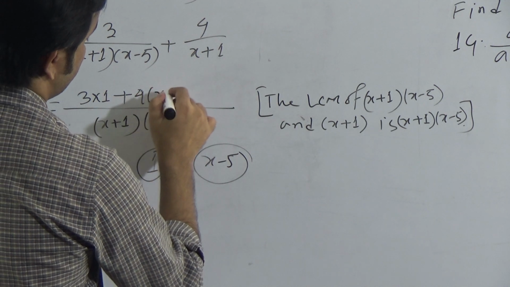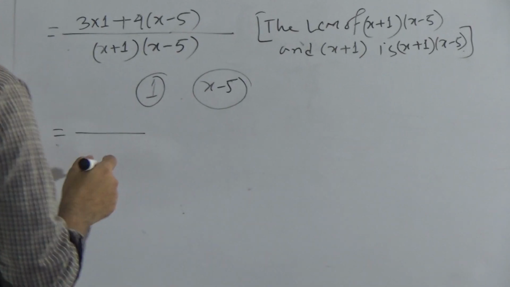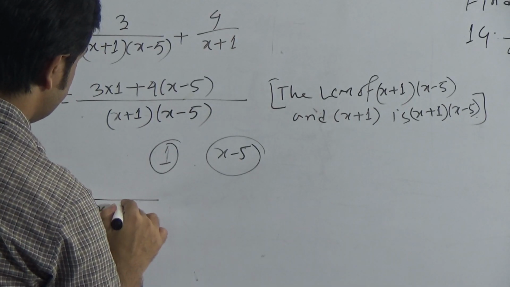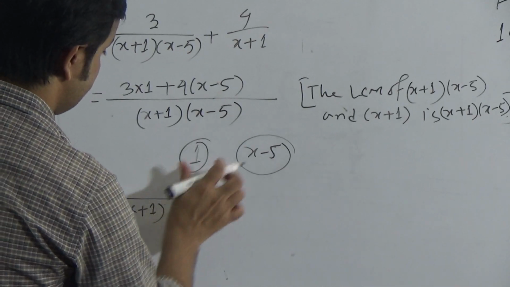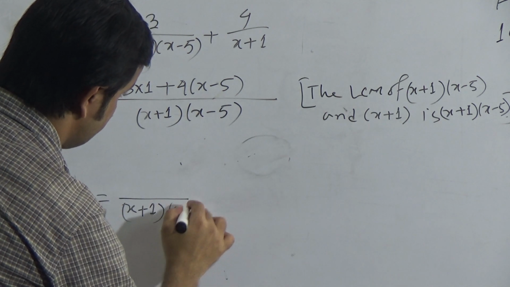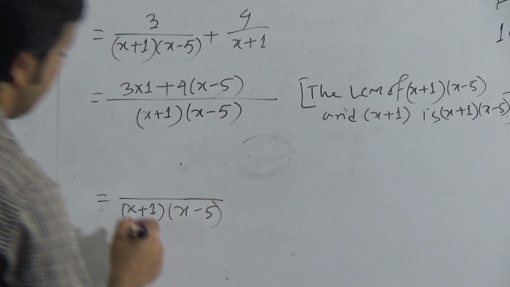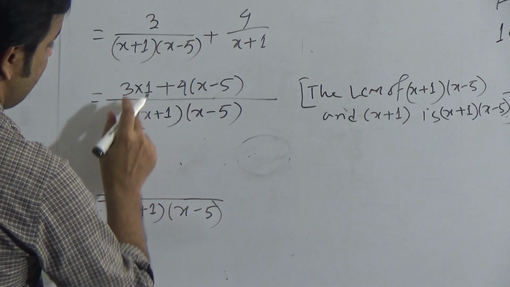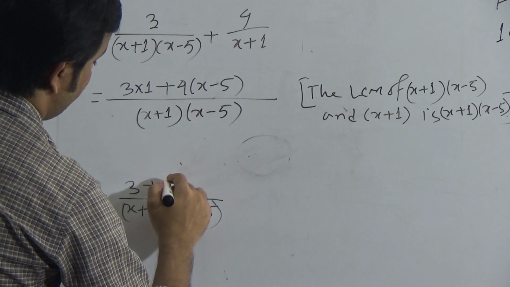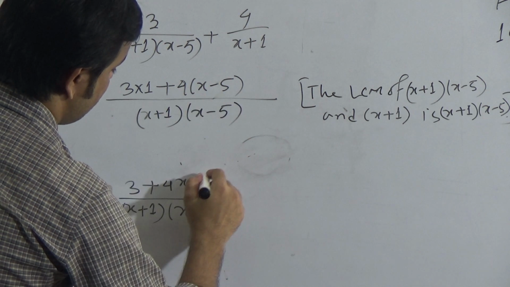x minus 5. If we multiply, what will we get? We'll get here 4x. At first write the denominator. Denominator will be x plus 1 into x minus 5, and here will be 3 plus 4x minus 20, since 4 fives are 20.